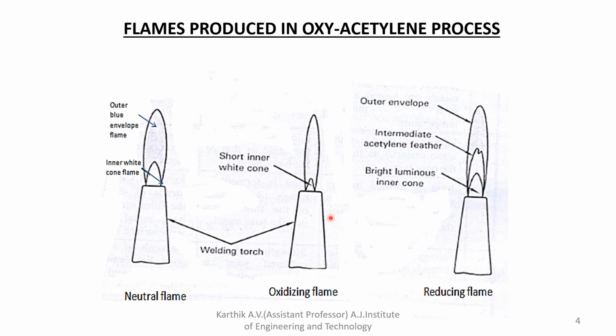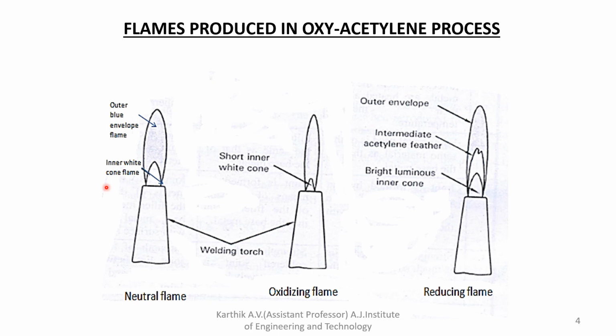Three different varieties of flames are obtained based on increasing or decreasing the proportion of oxygen as well as acetylene gas. I already told in the previous slide, acetylene gas acts as a combustible gas, and oxygen gas acts as a burning gas. In the neutral flame, the proportions of oxygen and acetylene gas are the same.